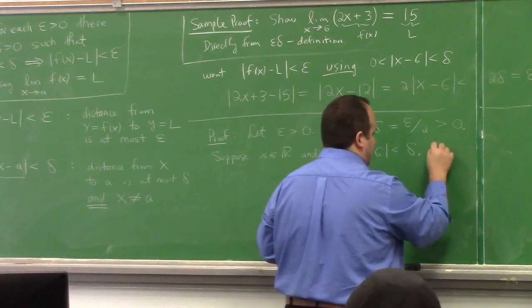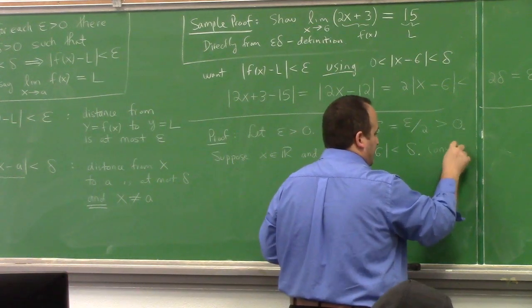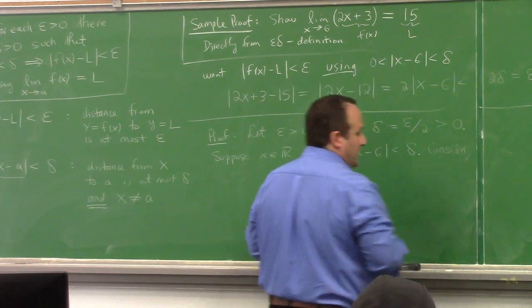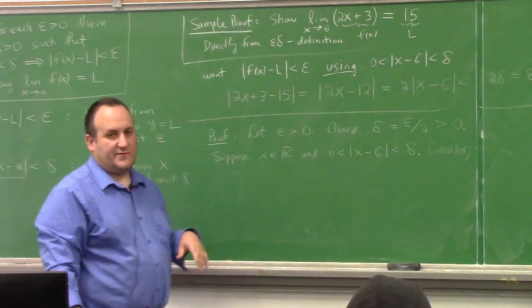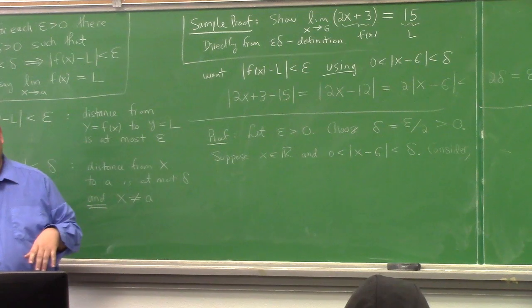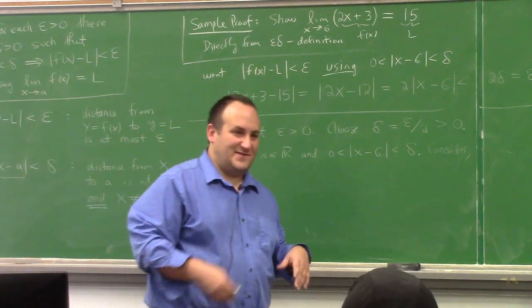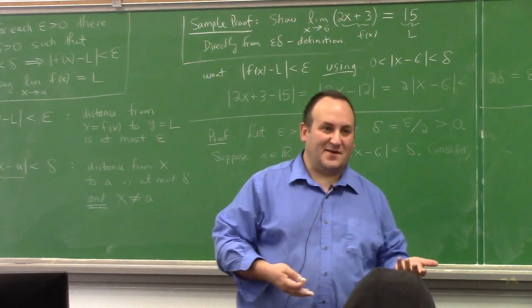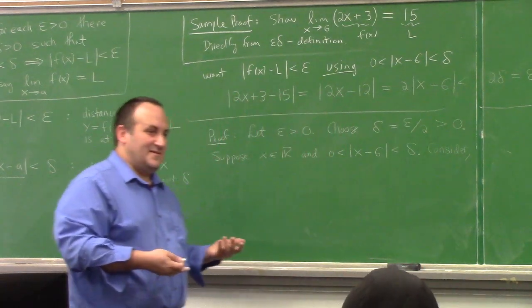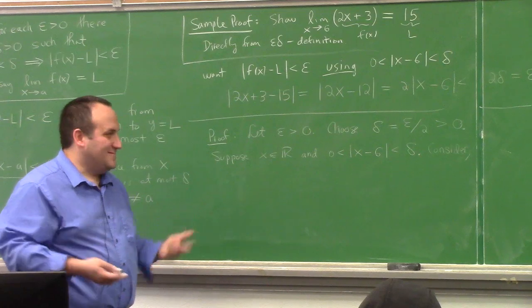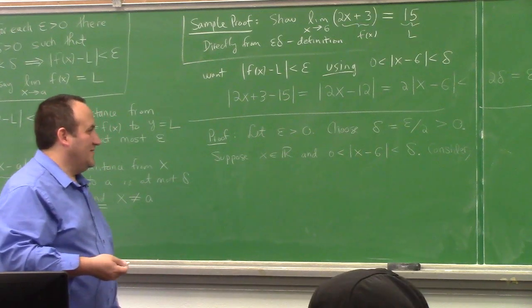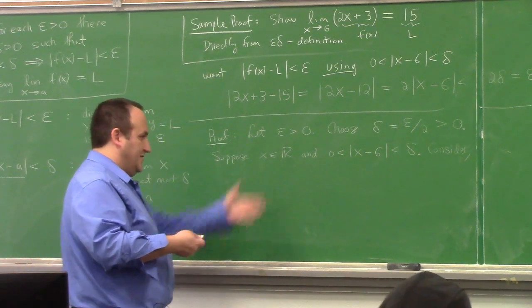I usually write consider. So English majors would not like this at all. If you look at 50 of my epsilon delta proofs, you'll find there's really only about 2 or 3 literary styles. I use the same stupid verbiage every single time. It's not very colorful, but, you know. So what I'm saying is consider.